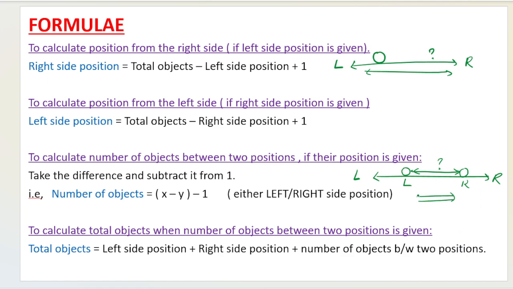If they ask to calculate the total number of objects between left and right, only when the number of objects is given between left and right, here is the formula: left side position, right side position, and the number of objects between two positions.